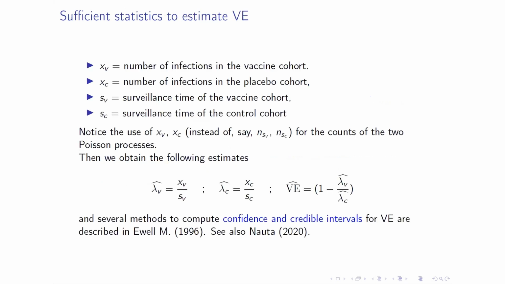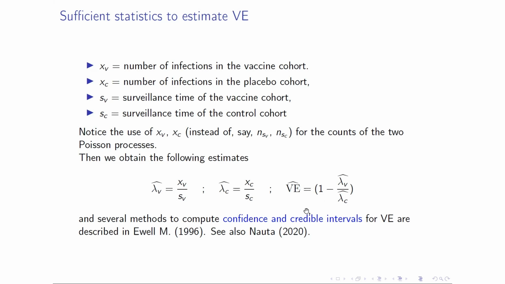Now, of course, when you estimate this, when you come to data, and you count the number of infections in the vaccine cohort, the number of infections in the placebo cohort, surveillance time in person years, and so on and so forth, then you have the naive or maximum likelihood, if you like, estimates for the two incidence rates. If you take 1 minus the ratio, you get an estimate of the vaccine efficacy.